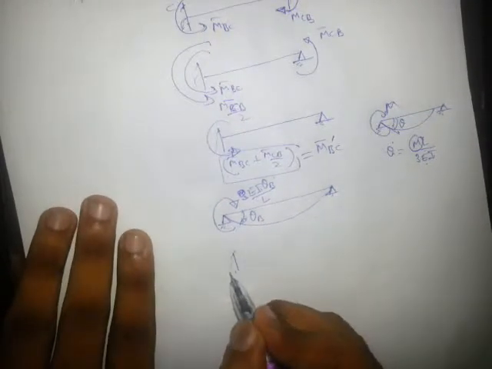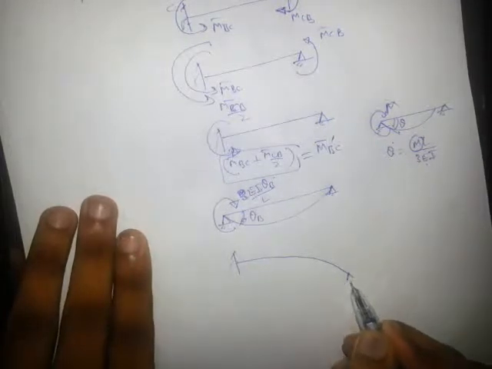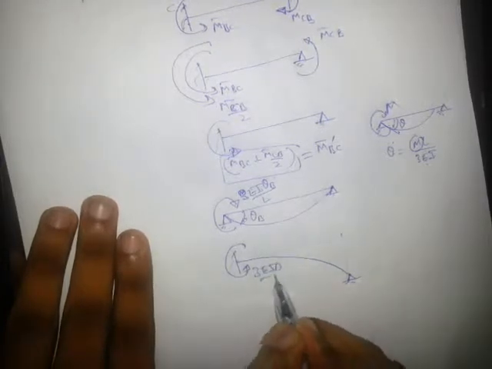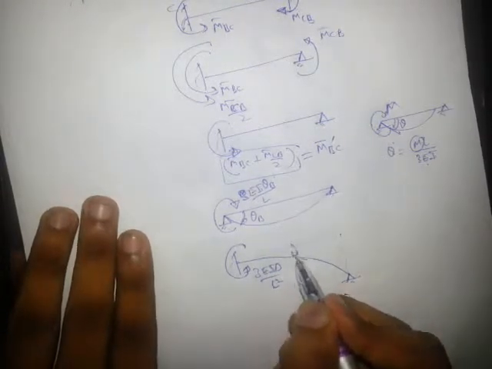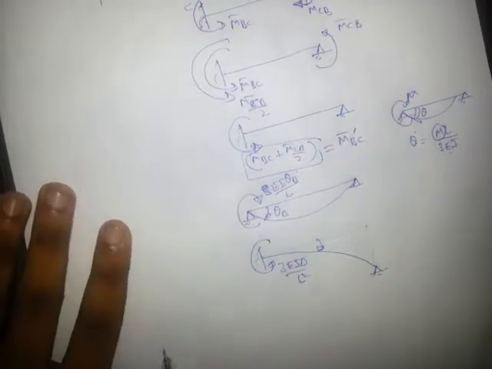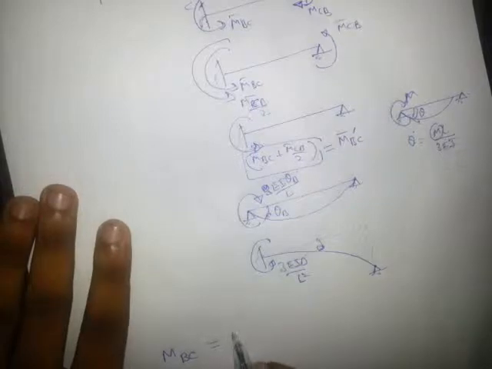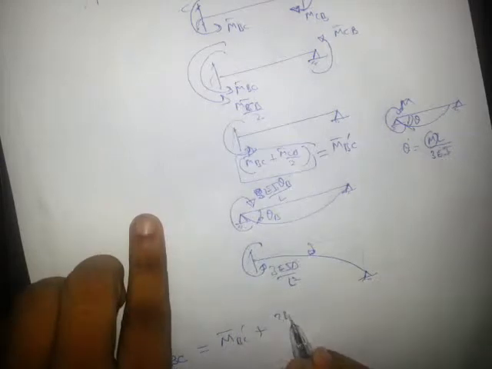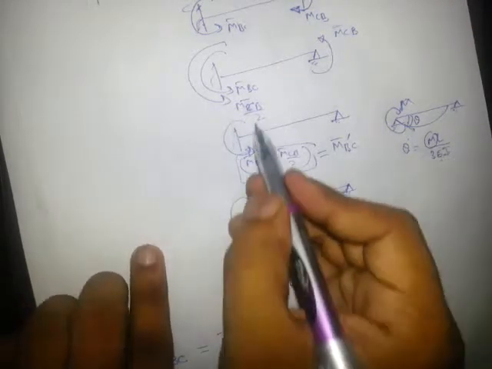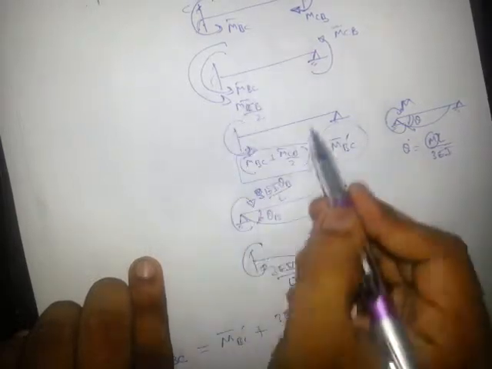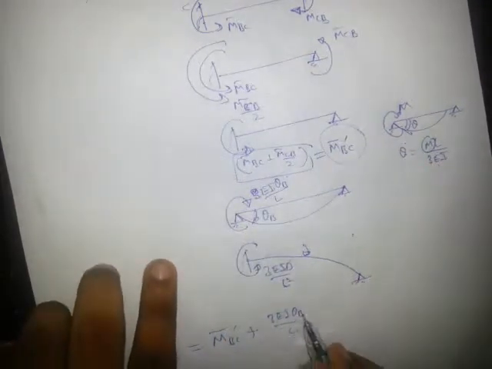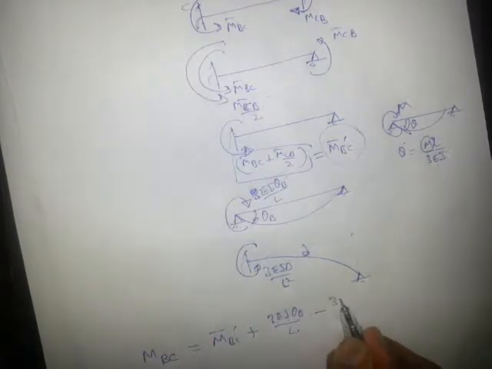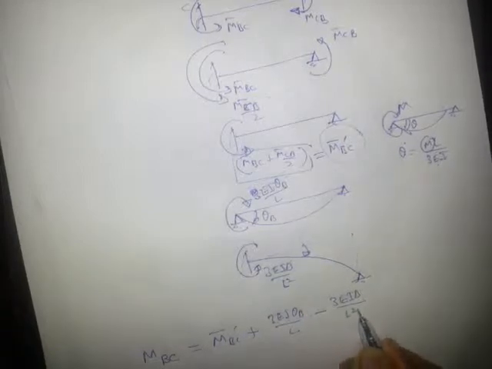Now if support C settles down like this, how will be the value? This value will be 3 EI delta divided by l square instead of 6 EI. This is clock, this will be anti-clock. So the final M BC will be M bar BC dash plus, this will be clock, 3 EI theta B divided by l, and it is anti-clock, so take minus 3 EI delta divided by l square.